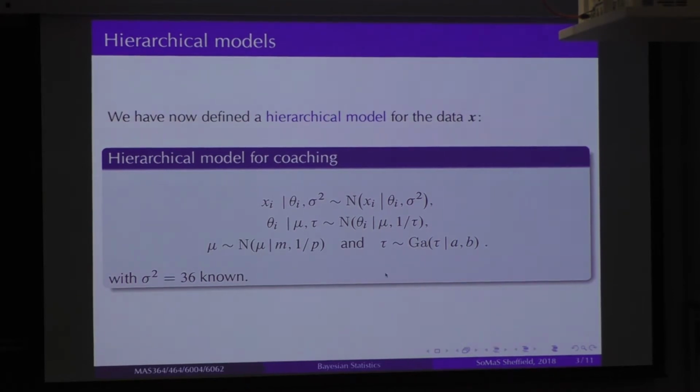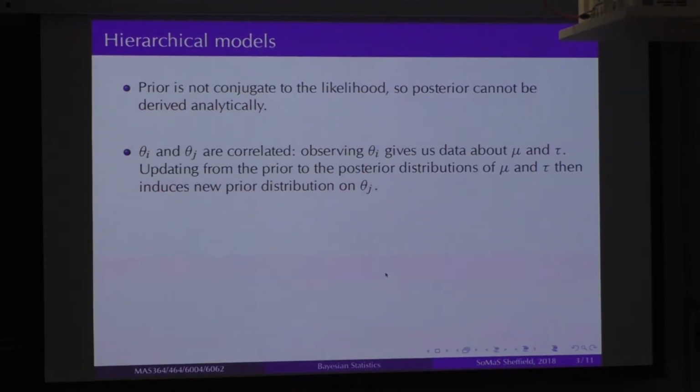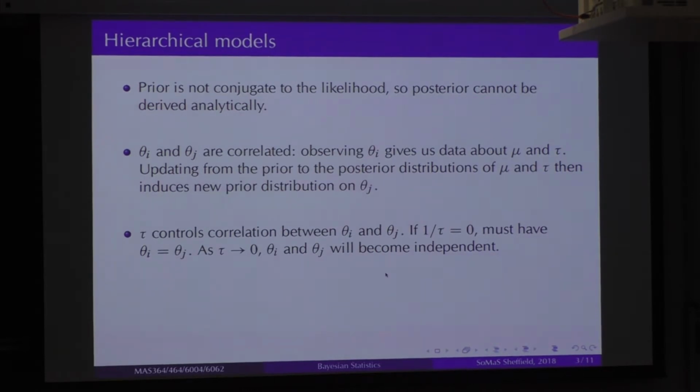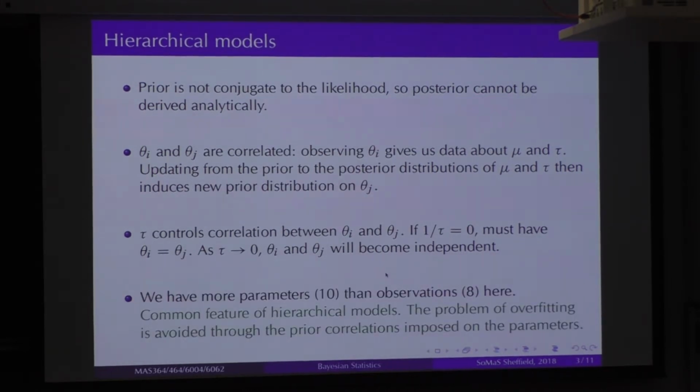And that is just for one of the effects. So when we put all of them together, we will have a non-conjugate posterior. So we cannot derive any results analytically. We would need to integrate either numerically or, what we are going to do, resort to Markov chain Monte Carlo.